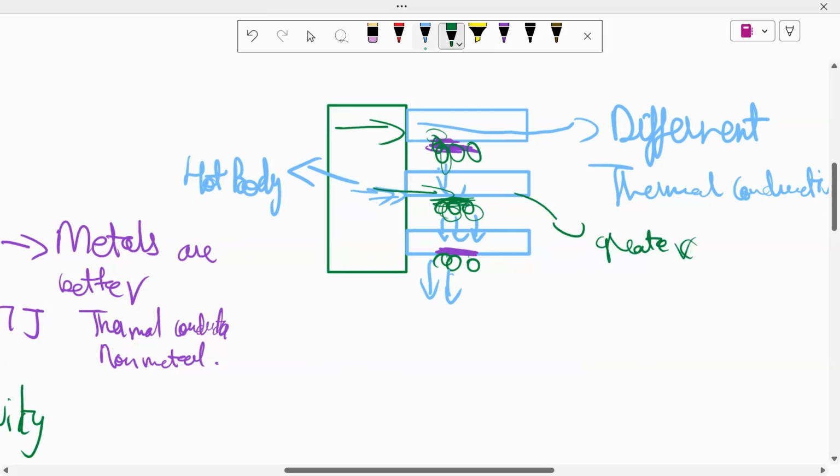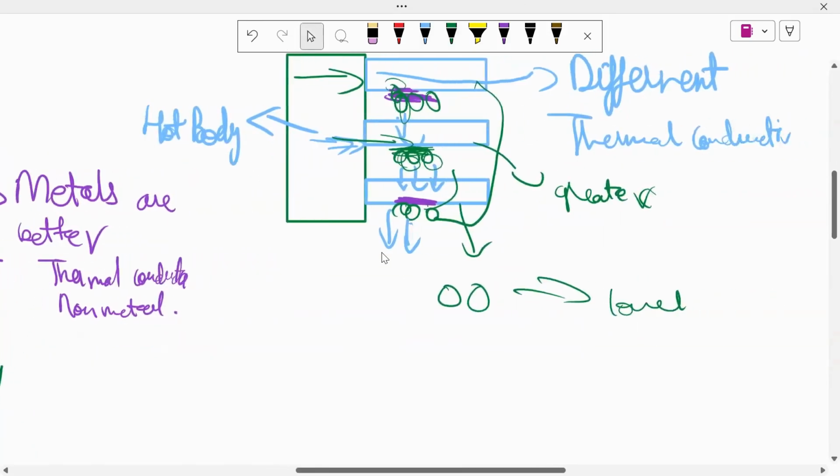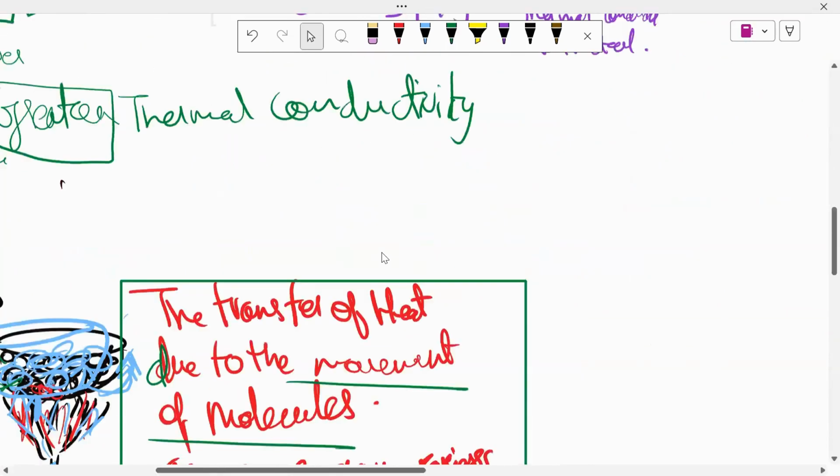In the third, only two balls fell, so it has lower conductivity than the second one, but higher conductivity than the first one. So by this, we can say that different materials have different conductivity, due to which the wax melted.